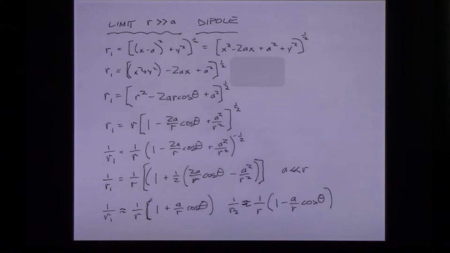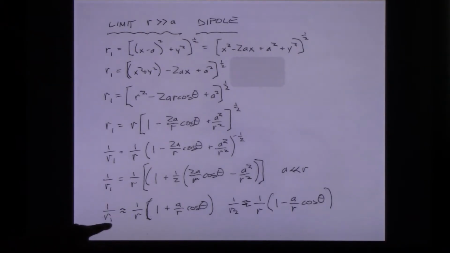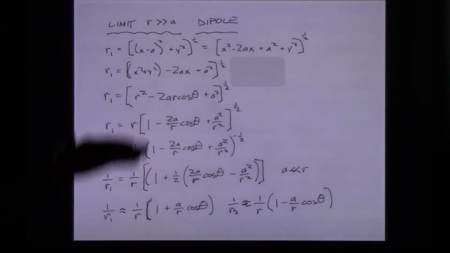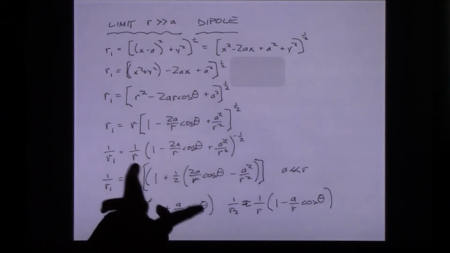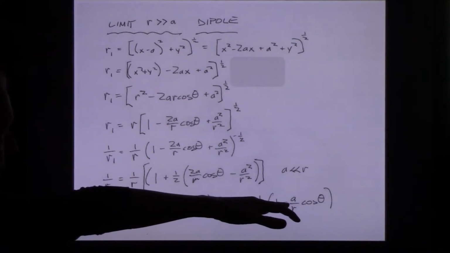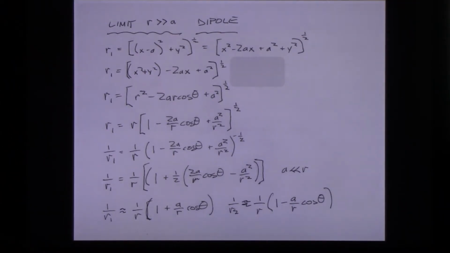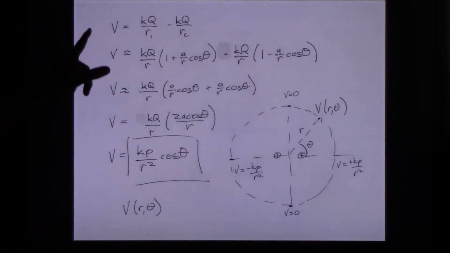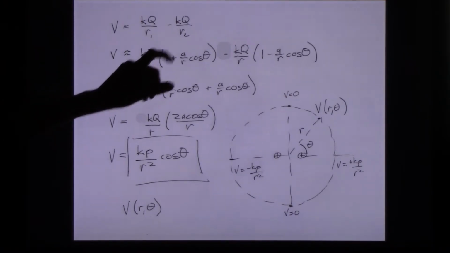Okay, so that's it. So back here, that's what our coordinate system looked like. And now I have an expression for 1 over r1. Well, if I carry out the very same algebra, but this time for r2, I'm going to just flip signs. So the sign is going to change on that smaller term with a minus sign instead of plus. What does that give us? Well, if you remember, the potential is going to come by adding together the potential due to the positive charge and the potential due to the negative charge.